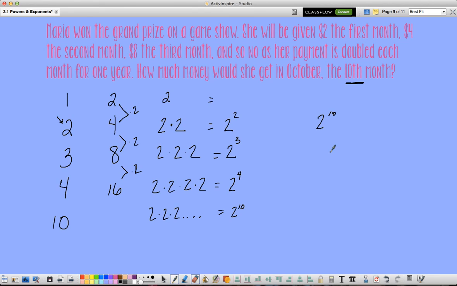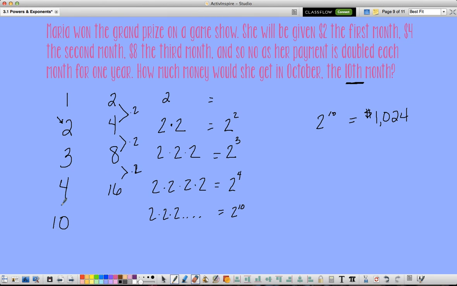And to do that, it would take us quite a bit of time. So what we're going to do is I'm just going to give you the answer. My concern is that you can just turn it into exponential form. So in that 10th month, she would earn $1,024. So I want you to be able to tell me how much she would earn altogether.